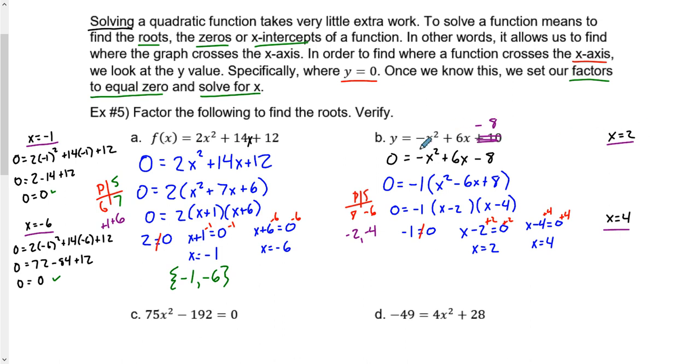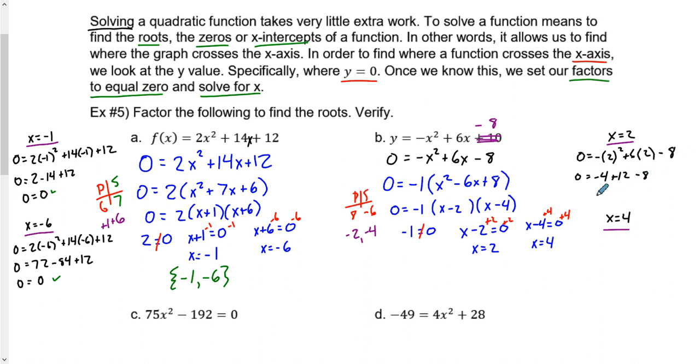I'm going to plug the 2 into the original equation. And I'll make sure that's fully fixed up in your version. But we want to make sure it's equal to 0. So a negative of 2 squared, adding 6 multiplied by the 2, subtracting the 8. So 2 squared is 4, so we'd have -4. 6 times 2 is 12, subtract the 8.